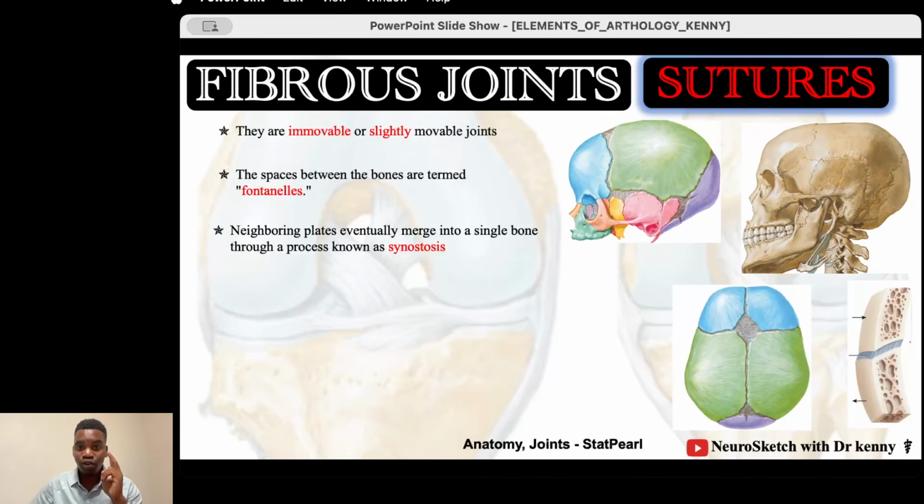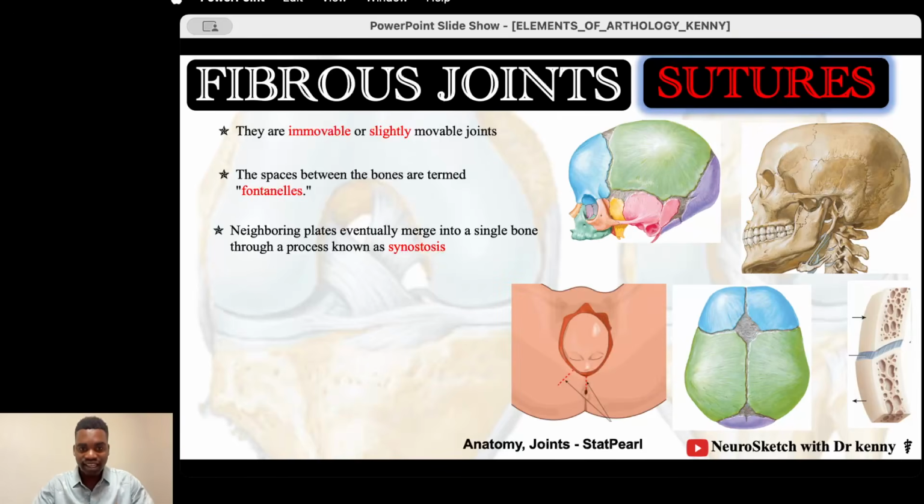They are movable for two reasons. Number one, the very first reason is for easy passage through the birth canal. During delivery, it sometimes happens that the head of the baby is bigger than the size of the birth canal.